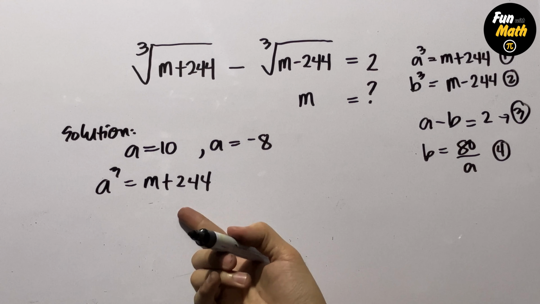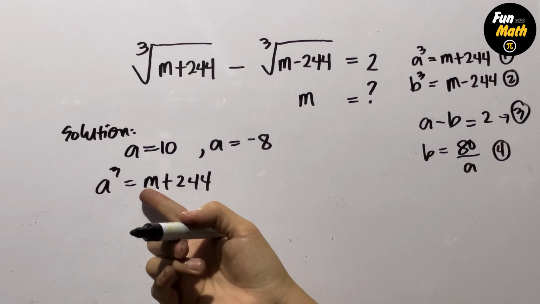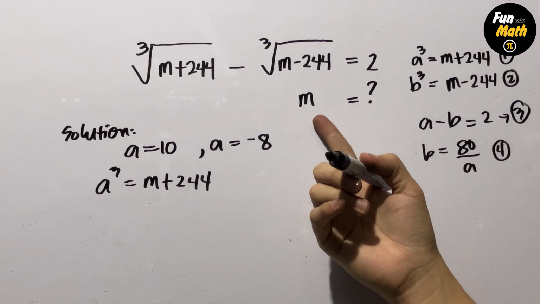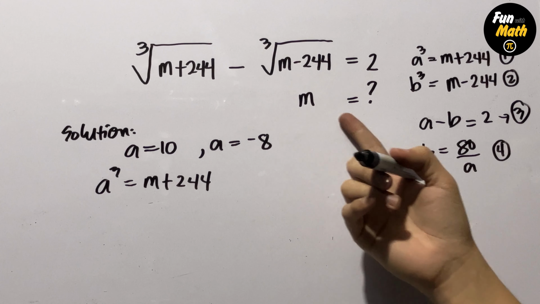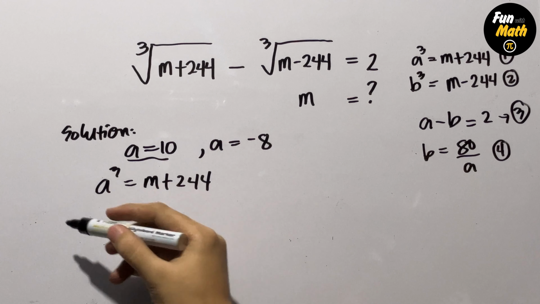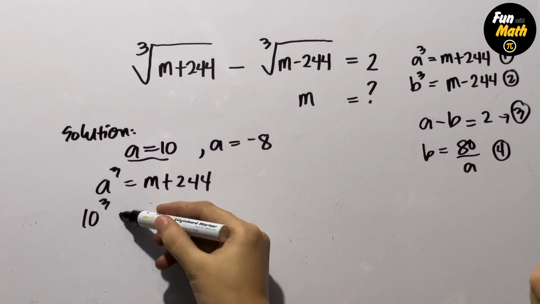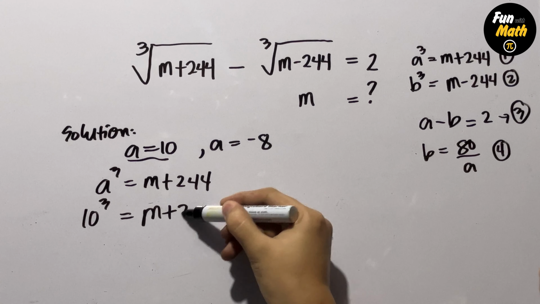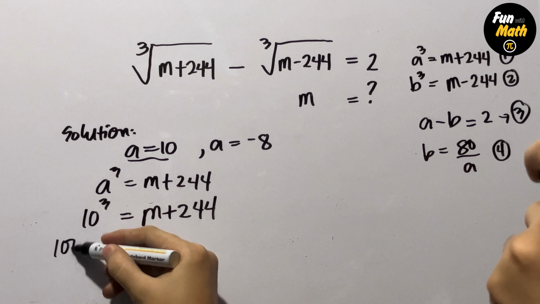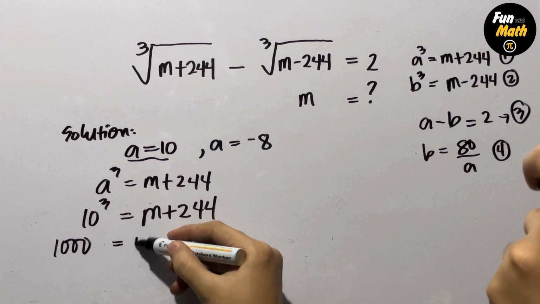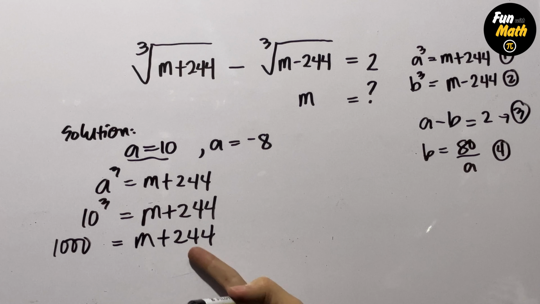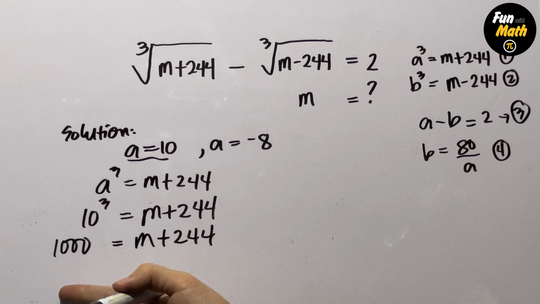So we need to use this to find the value of M, since the problem is we need to find the value of M. So A cubed using the first value of A, which is 10. So that is 10 cubed is equal to M plus 244. 10 cubed is equivalent to 1,000, which is equal to M plus 244. Now let's take 244 to the other side.